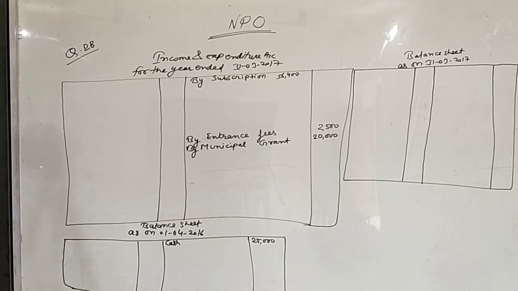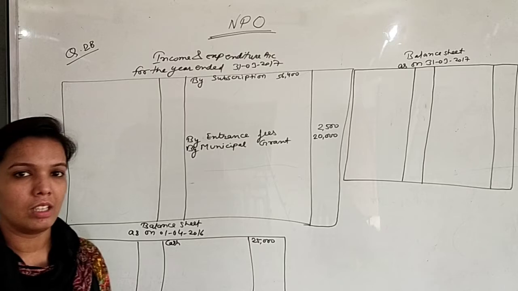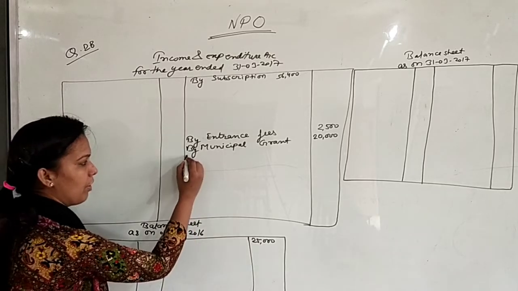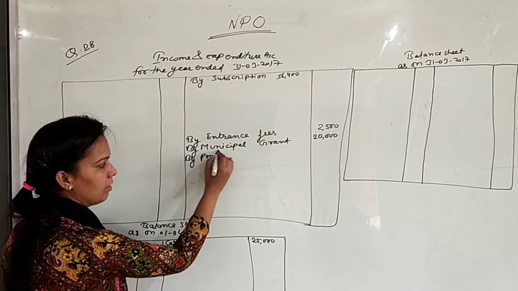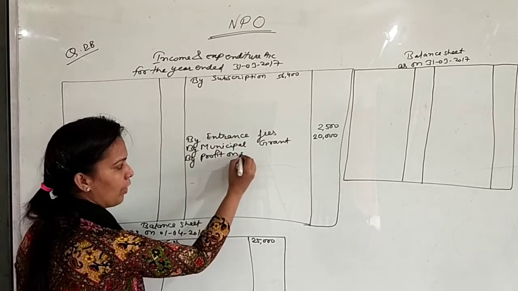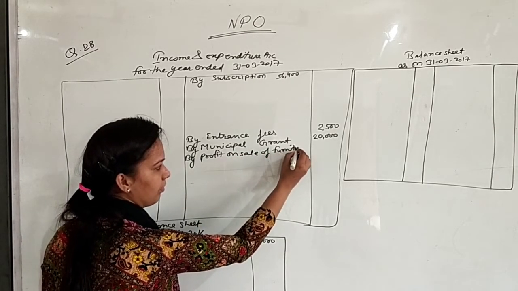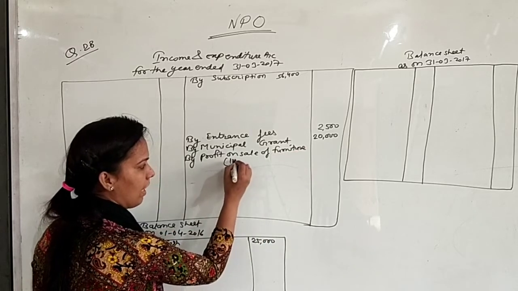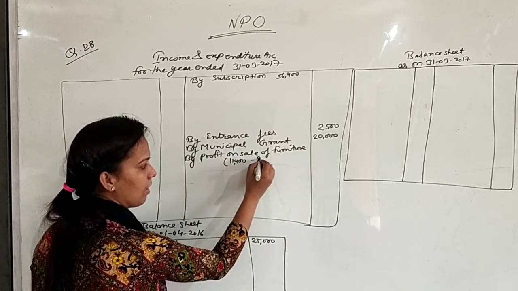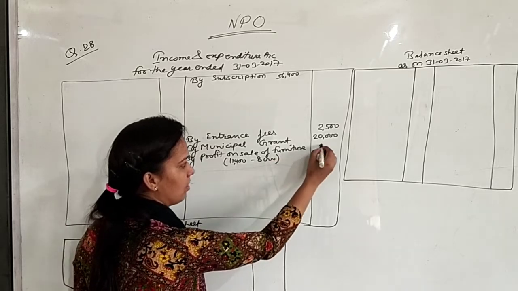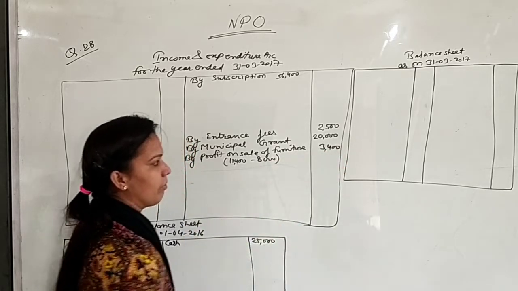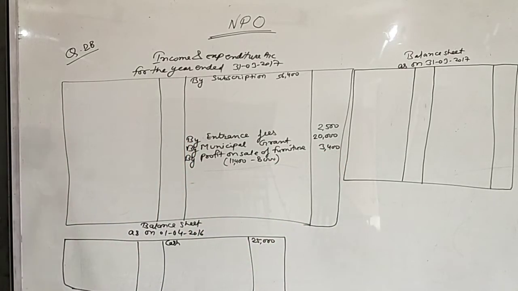It means you are getting a profit of rupees 3,400. So profit will be mentioned on the income side right here by profit on sale of furniture. And you can show 11,400 minus 8,000, that is 3,400. This is your profit on selling of furniture.